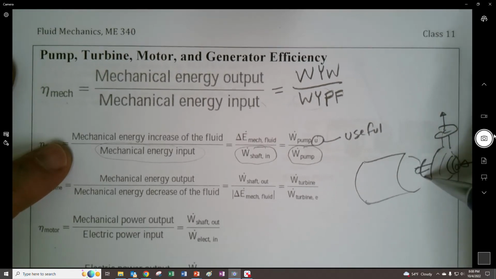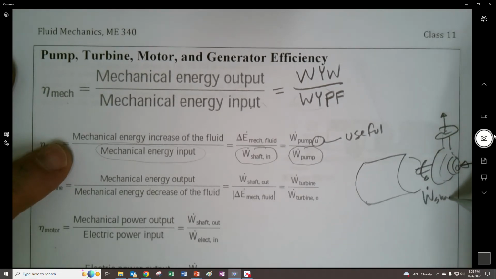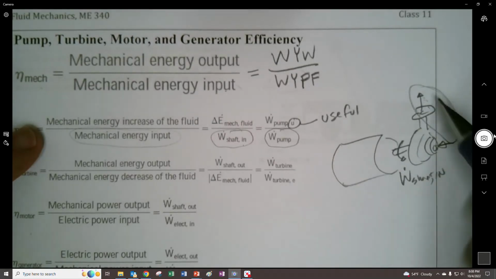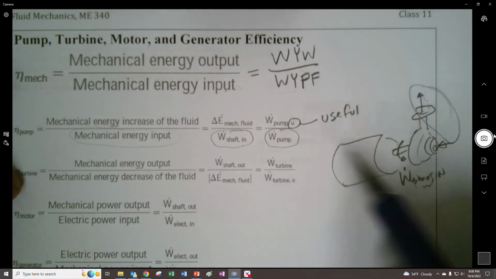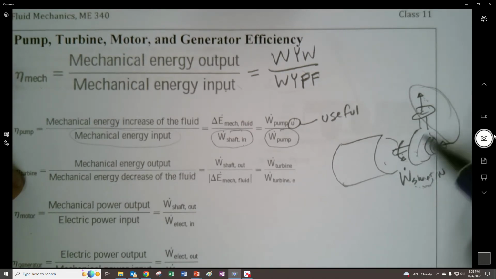But we have this shaft work, shaft power that's going right into there. So that's the input into it. But between these two things right here, this is the useful power that's coming out. And that useful power is going to be less than the shaft power coming in, because we have to pay a price for turning this shaft with an RPM and a torque and creating hydraulic power.